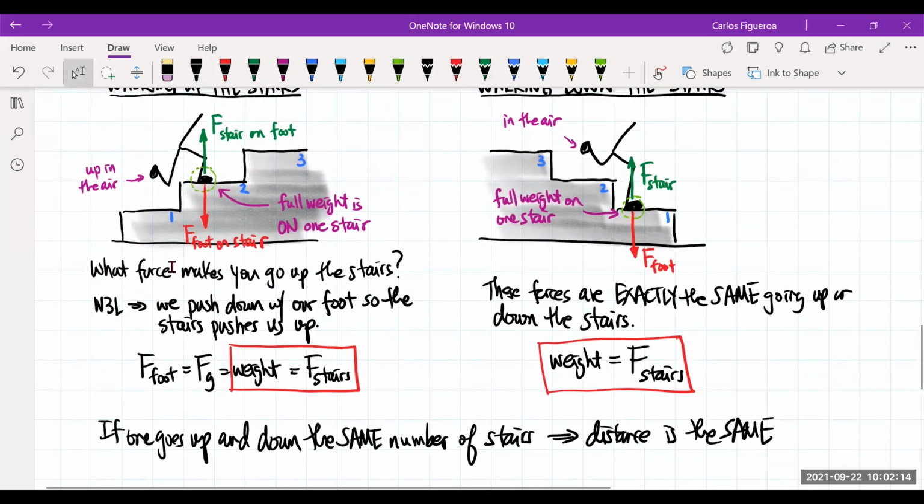So in this case, if I go up 3 stairs, that's my distance. If I go down 3 stairs, that's my distance again. And those two distances are the same.